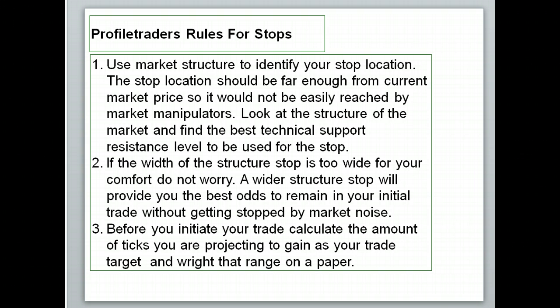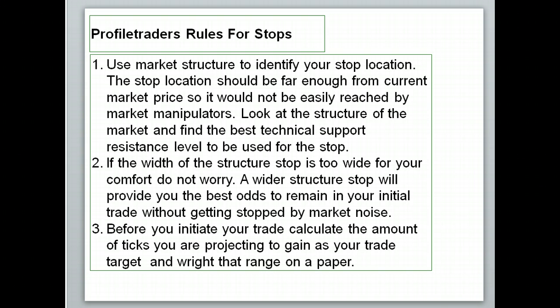If the structure is 7 points, the structure is 7 points. Very sorry if it's putting you into a discomfort, but understand that you should get the best probability in remaining and not getting stopped in your trade by using this wise structure stop.